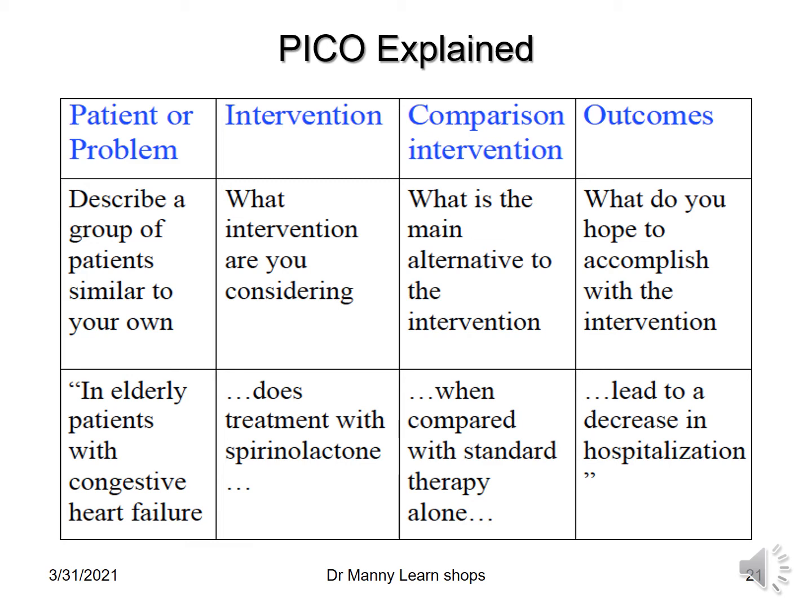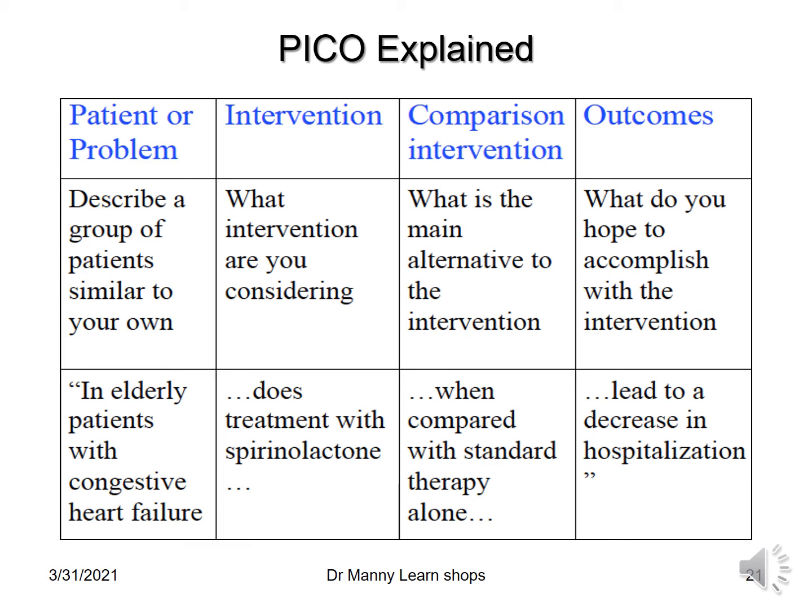So what's the comparative or the comparison intervention? What's the main alternative when you compare it to standard therapy alone? So for example, here the standard therapy could be fluid restriction. The patient is limited to 1,500 mils, 1,000 mils every day. And you add the intervention which could be a diuretic. So what's the outcome?